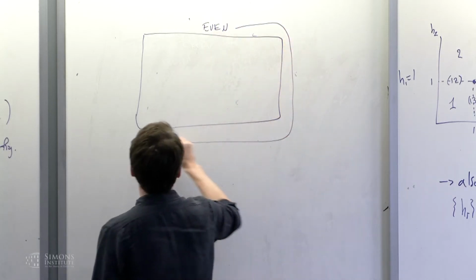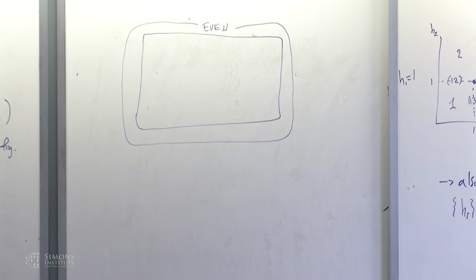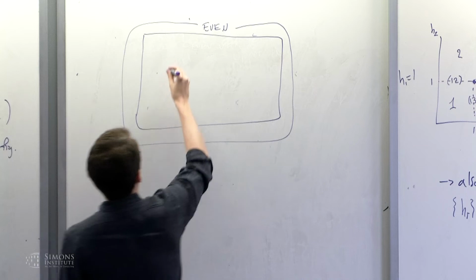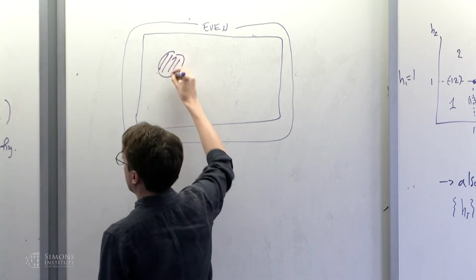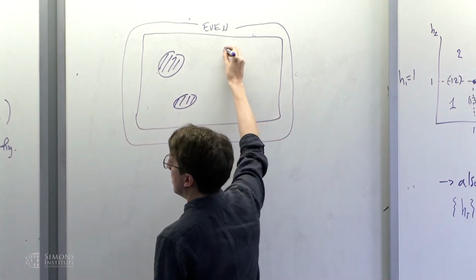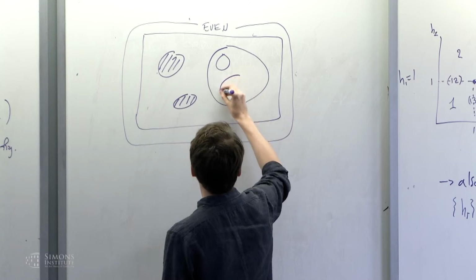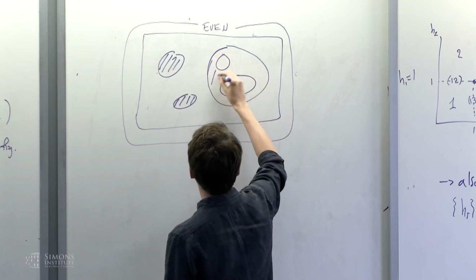Again, we have even boundary conditions. Let's think about this picture. So I fix all the external contours and I sum over all the possible ways that I can get them. What I see then is, again, my same two elements here. I see this. And I see this.